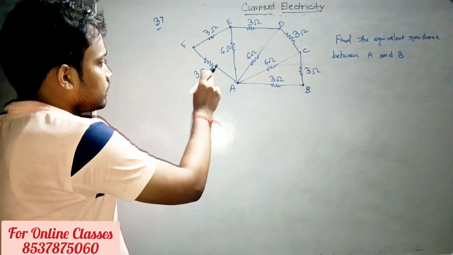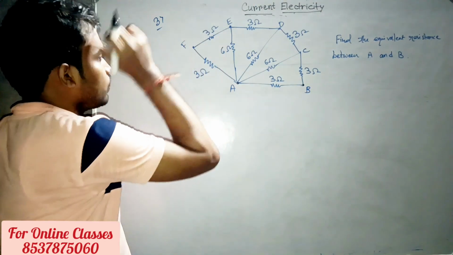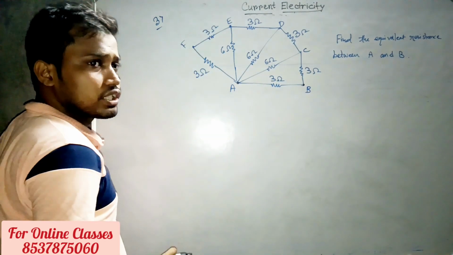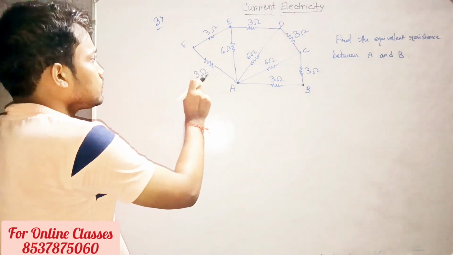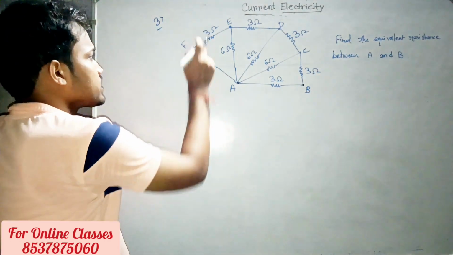If we take 3 ohm and 3 ohm, these are in series connection, so these two resistances give 6 ohm.